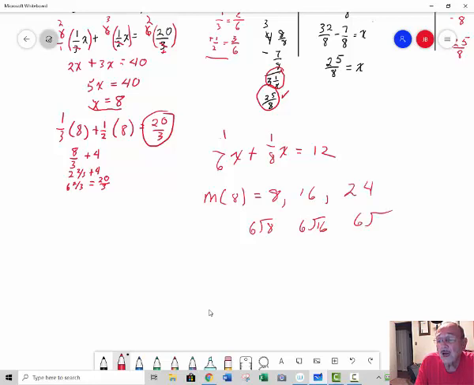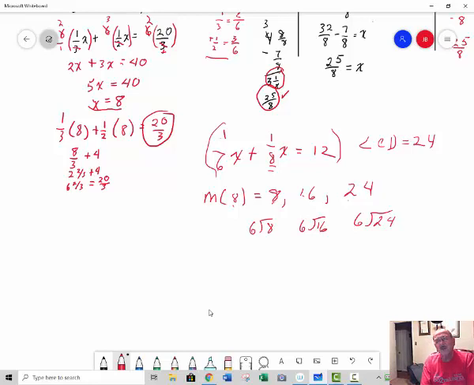Yeah. Okay, so my least common denominator would be 24, and that's what I would multiply each one of these by in order to clear that fraction out. The trick is to take the larger denominator and look at multiples of that larger denominator. That's just kind of a tip for you if you can't see it.